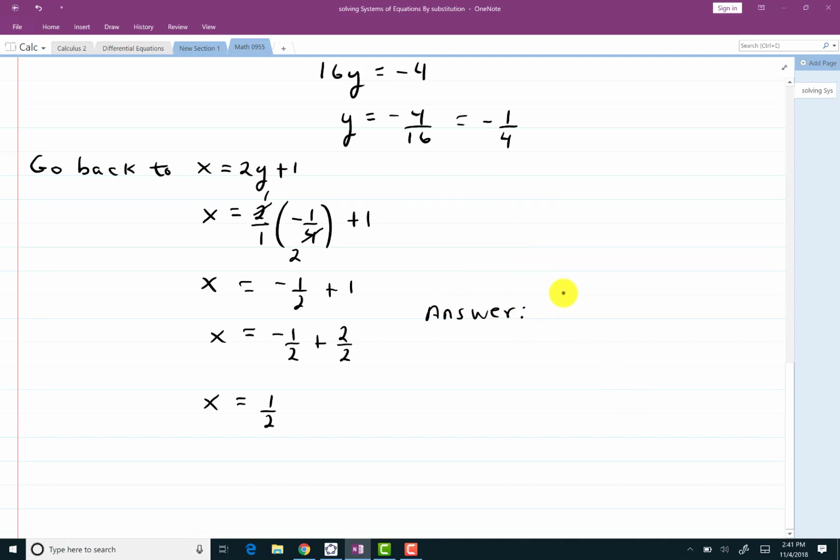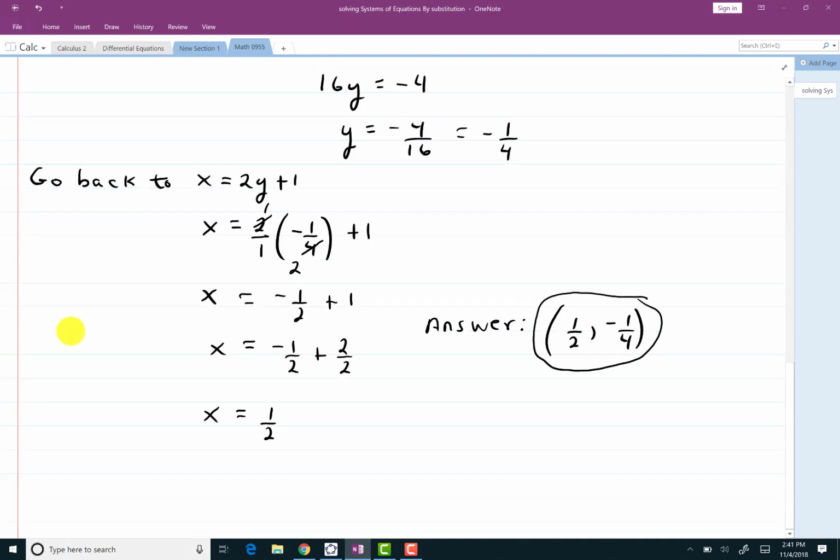my answer is the point (1/2, negative 1/4). So when you write your answer, make sure you list both the x and the y value, and we typically put it in this format to indicate that it is a point of intersection between the two lines. Let me go back and show you that this actually was. 1/2 has the decimal 0.5, and negative 1/4 has the decimal negative 0.25.